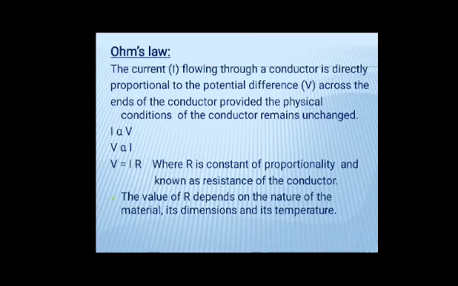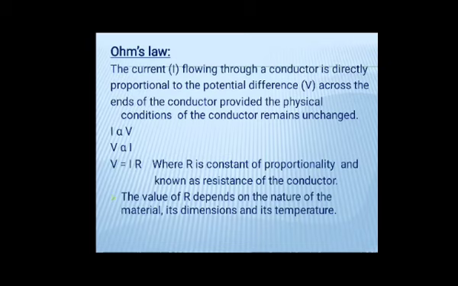If I is current and V is potential difference, then I is directly proportional to V or V is proportional to I. When we remove the proportionality sign, we have to write a constant, and that constant here is R. So V is equal to I into R, where R is constant of proportionality and it is known as resistance of the conductor.